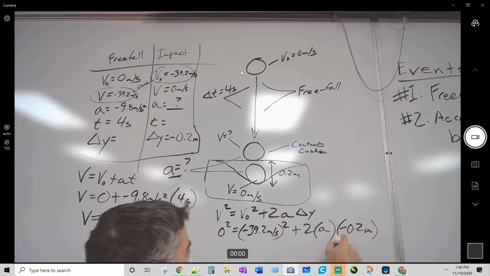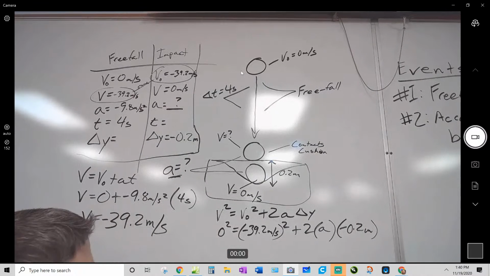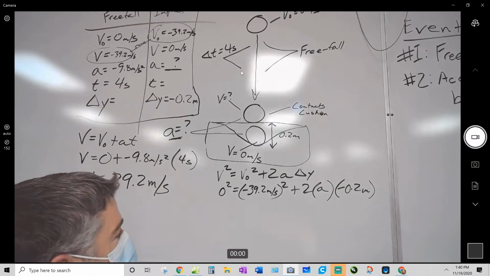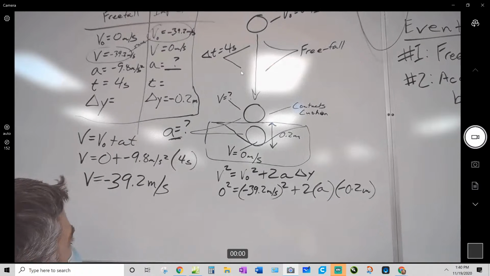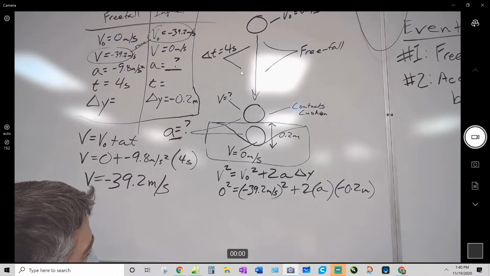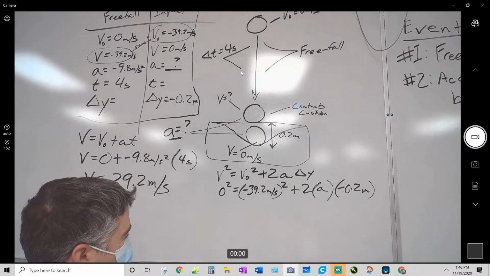So if you don't have that negative in there, then what you're going to wind up with is a positive acceleration. And I think most people would say, oh, I've got my answer, and you'd be right. But wait a second. No, you'd end up with a negative acceleration. Let me just finish this.